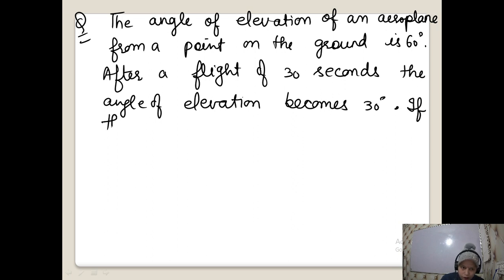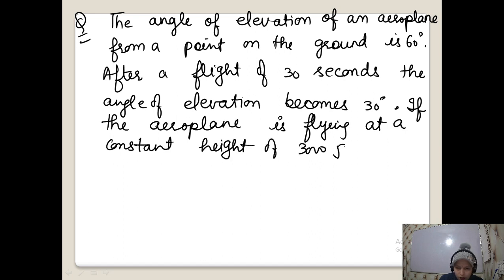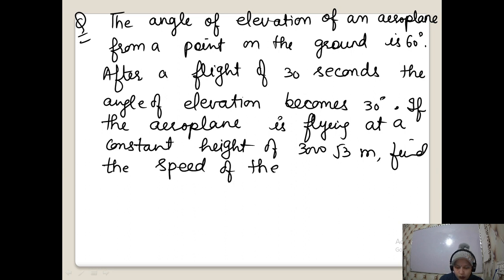If the aeroplane is flying at a constant height of 3000 root 3 meter, then find the speed of the aeroplane.